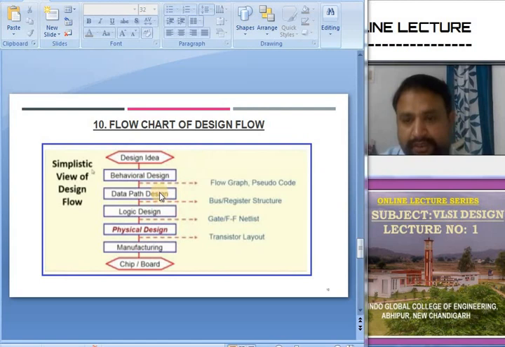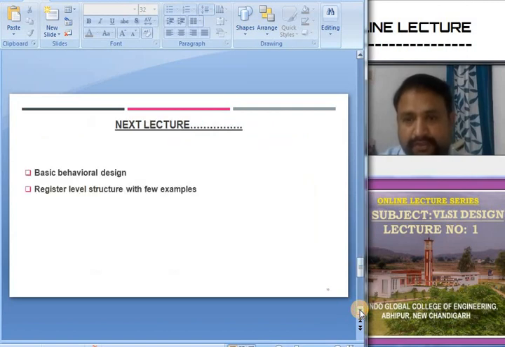So logical equations can be modified according to the data path design, and after these processes the physical design is prepared, and likewise manufacturing is done, and the final outcome in the form of a chip or some fabrication on the board is obtained through this fabrication.